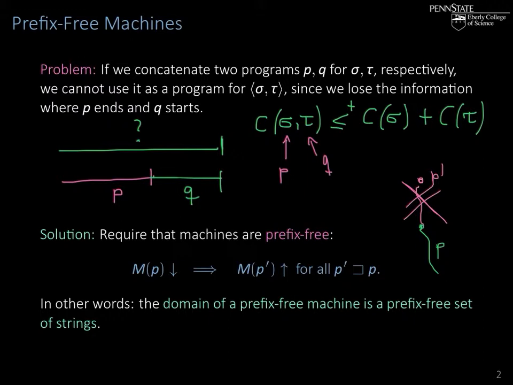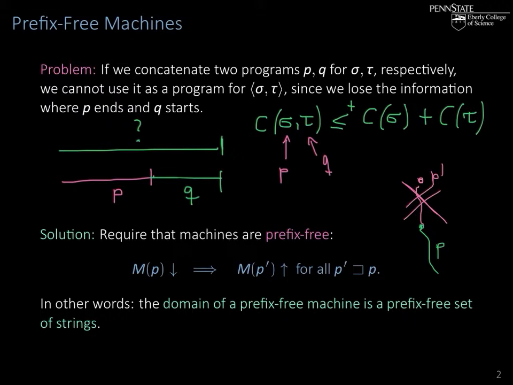If you look at this a little bit more carefully, you will see that this actually means that no two converging inputs are initial segments of each other, are prefixes of each other. That's why they're called prefix-free.